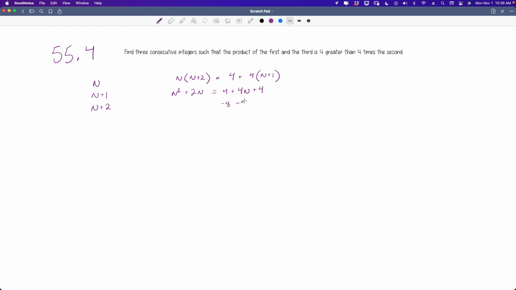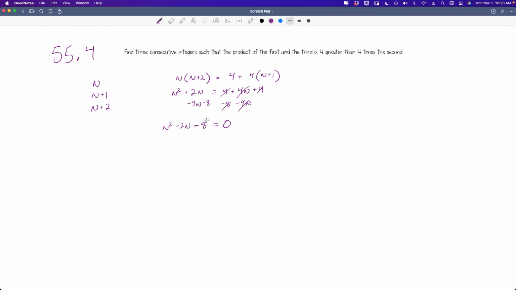We're going to subtract 4n from both sides. So minus 4n minus 8. This cancels this, and this cancels this. So that means we have 0 over here, and we have n squared minus 2n minus 8.